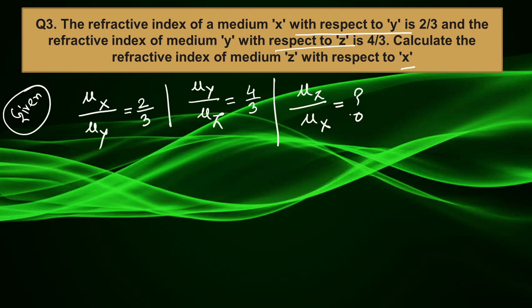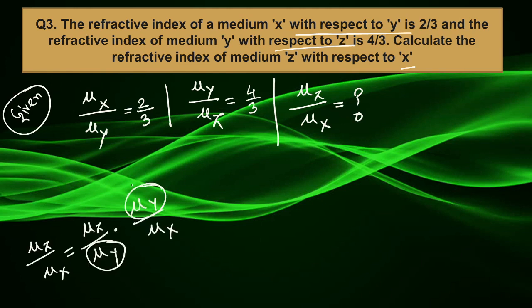Simply this mu y and mu y, multiplied up and down, can easily cancel, equal to mu y by mu z, from the value, mu x by mu y is 2 by 3. So if we use this concept here, it will be y by x, sorry, we have to use this here, then the next part will come, 3 by 2.